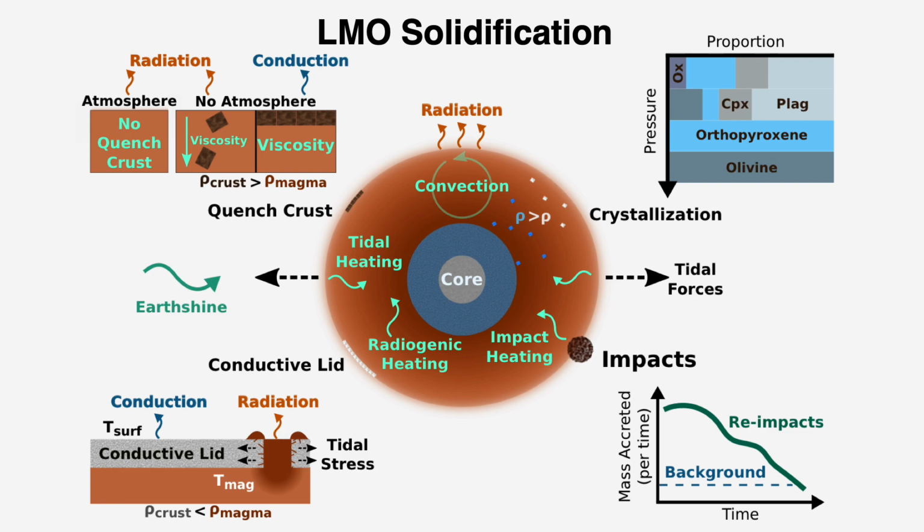Another important aspect is the detailed crystallization process. Additionally, impacts may have played a role. Impacts could have punctured holes in the flotation crust, increased the heat output, and thereby quickened the cooling of the moon. So far, no computer model incorporates all of these factors at the same time, but future works will consider how all of these factors interact to produce the solidified moon we see today.